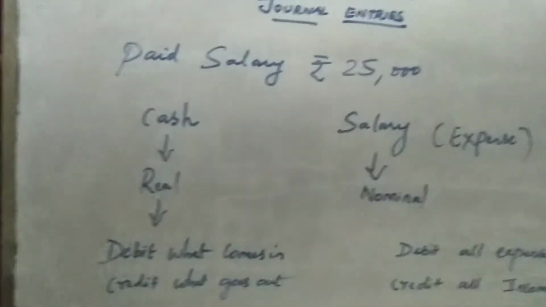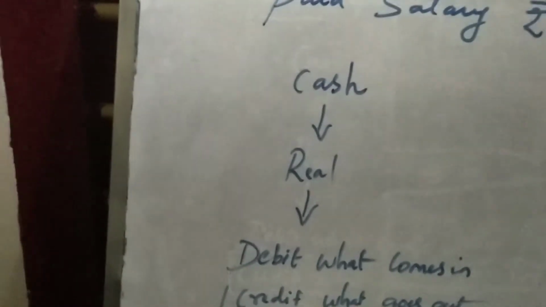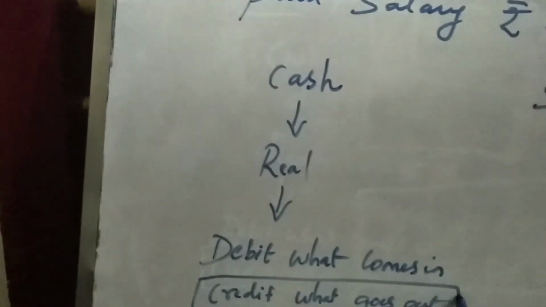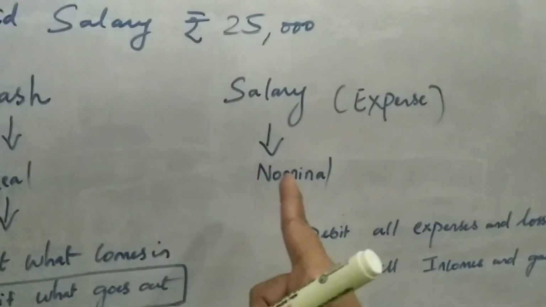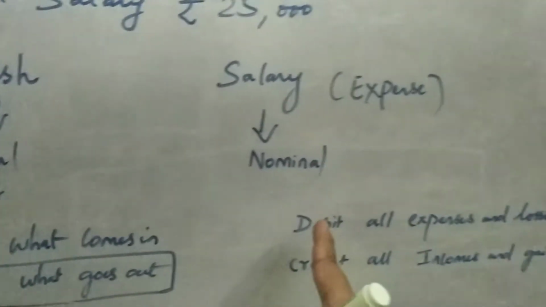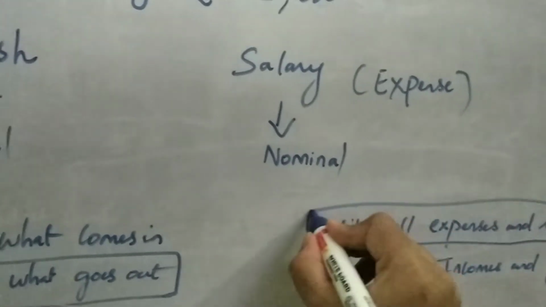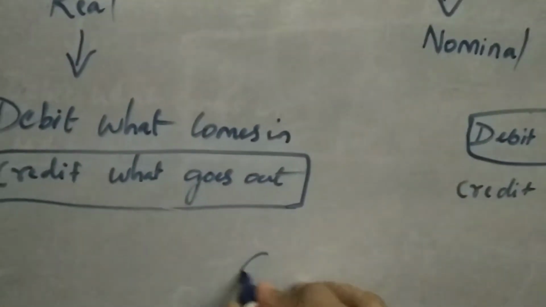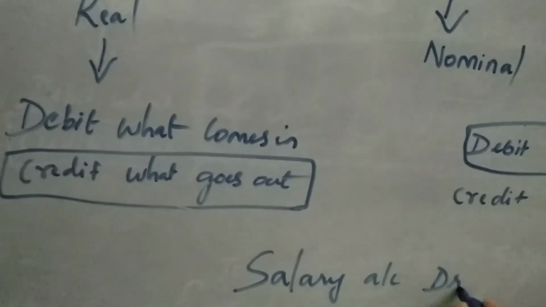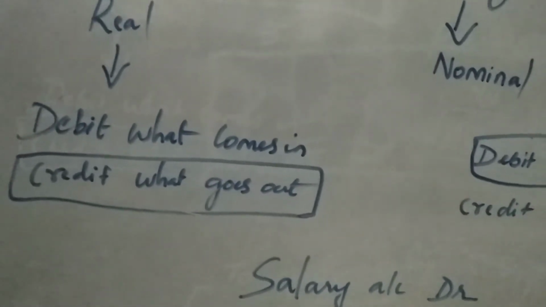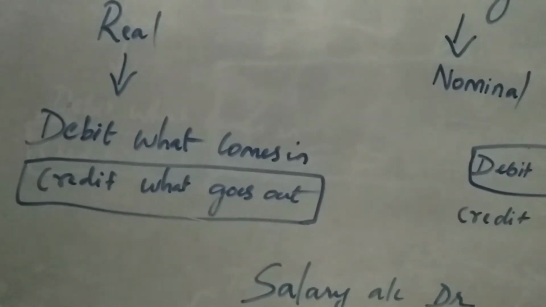So when we are paying salary, cash is going out of the business, right? So credit what goes out. Salary being an expense from the business point of view, under nominal account, debit all expenses and losses. So we are going to debit salary. So what will be our entry? Salary account debtor to cash account. Paid salary.